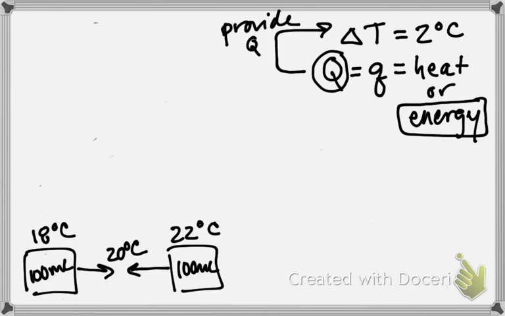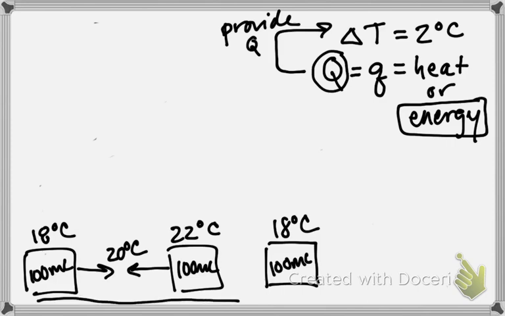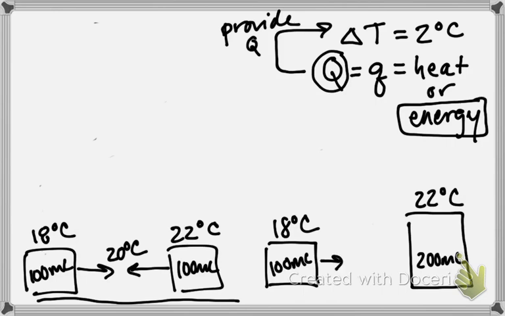So the thought experiment to do there is, okay, if you had 100 mils of water at 18 degrees C, and instead of doing this scenario, if you decided to add 200 mils of water at 22 degrees C, what do you think they would settle on for a final temperature? So you want to think about that.